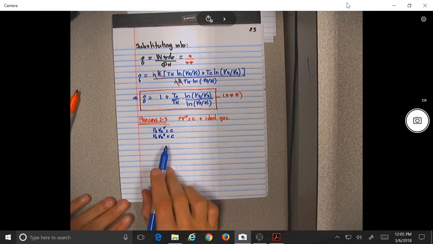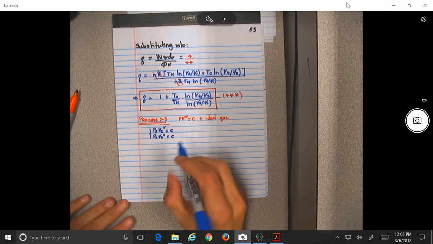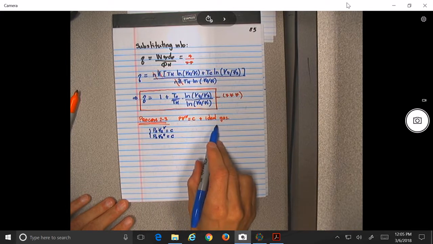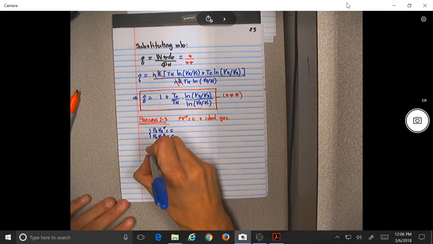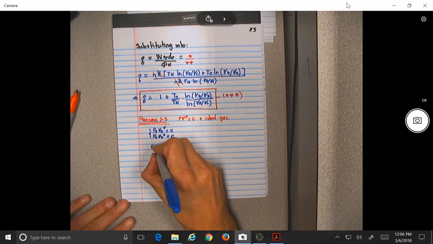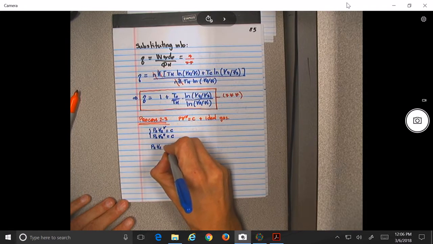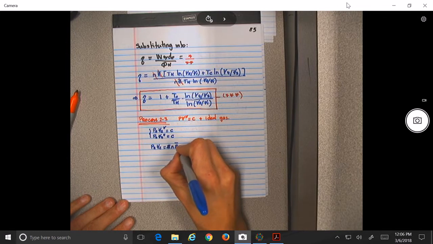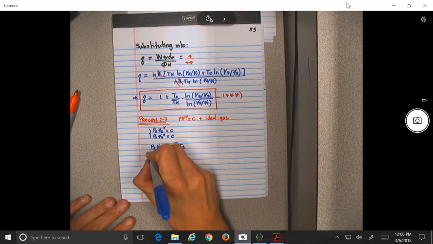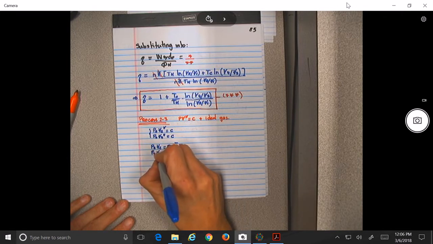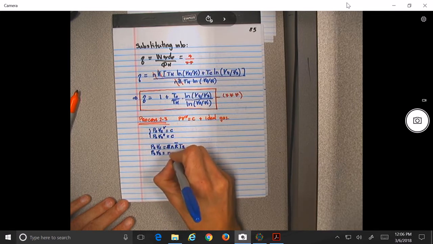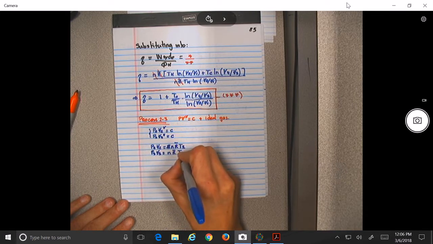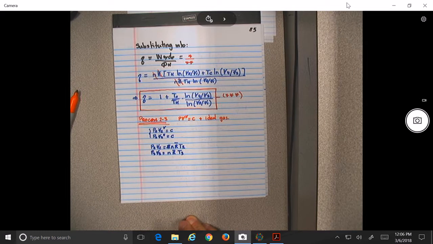So we can write this equation. This is polytropic, and if it's an ideal gas, what can I write? P2 V2 equal to nRT2, and P3 V3 equal to nRT3.